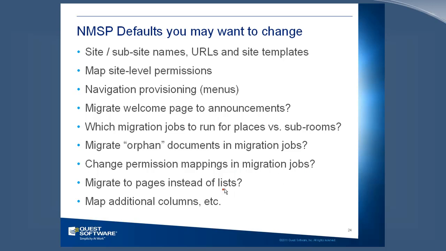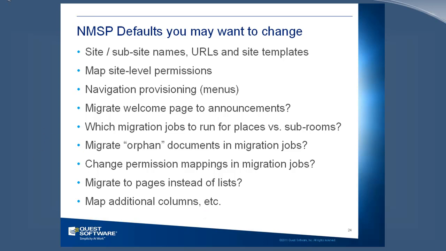Instead of migrating to list items, you might want to migrate it to pages instead, or something else. And of course, pick up any additional columns that might be customized in your environment. If you have additional page type columns, then you can just define them either up at the technical class level, which will apply to everything, or down at the individual database level.